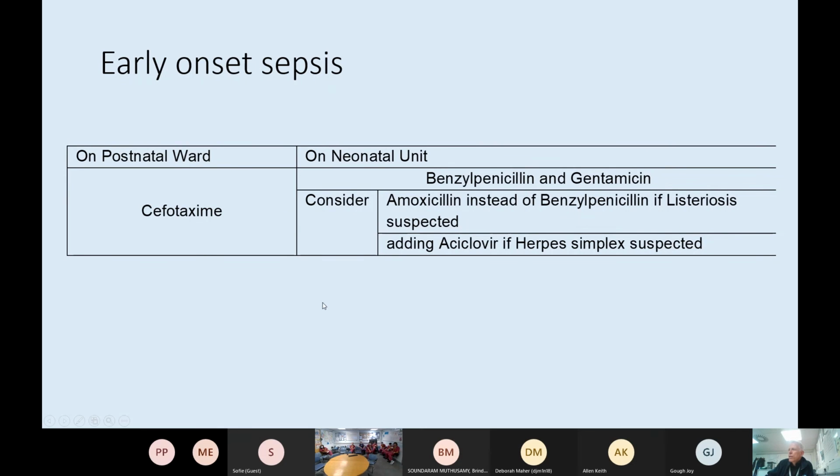And then also just to think about herpes simplex. So what might make you consider a baby has herpes simplex infection causing their early onset sepsis symptoms and signs? So if there's a history of genital herpes in mum, particularly with primary infection, then that might make you think that.